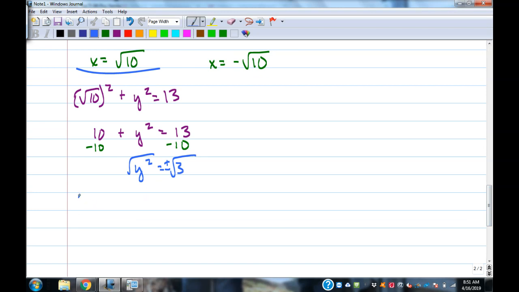I get a y value of positive square root of 3. And then I get square root of 10, negative square root of 3. Then I'm going to do the same work plugging in negative square root of 10 for x.